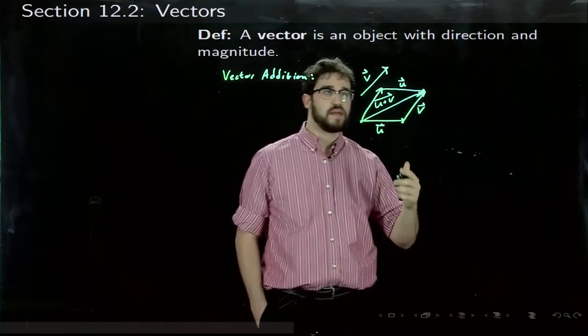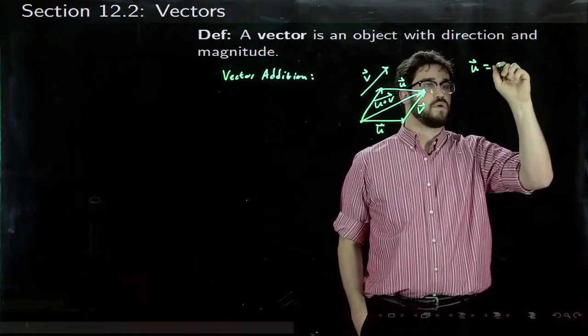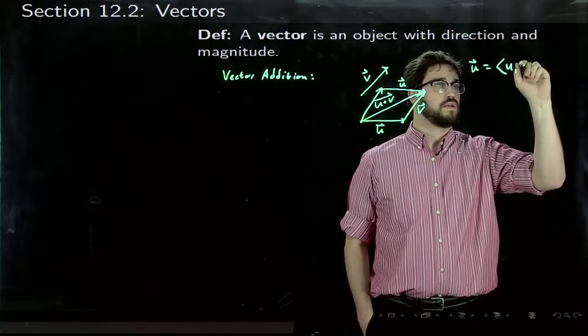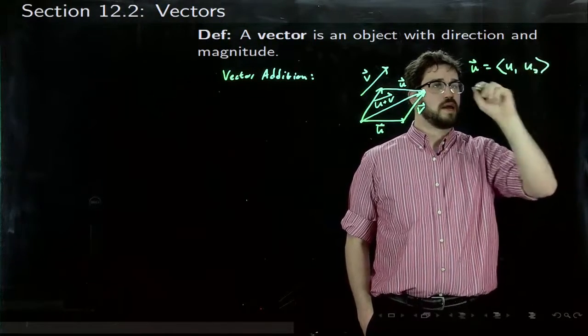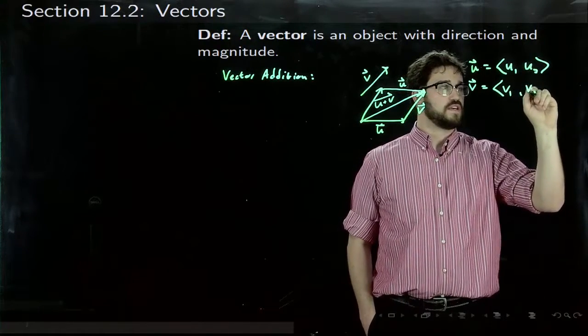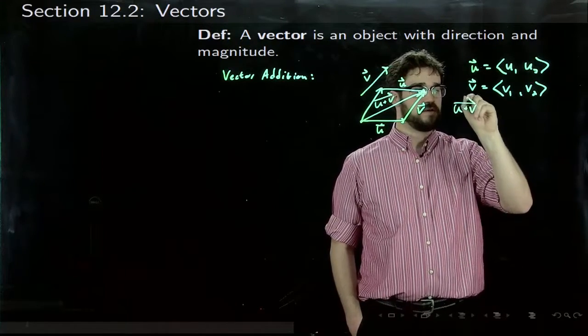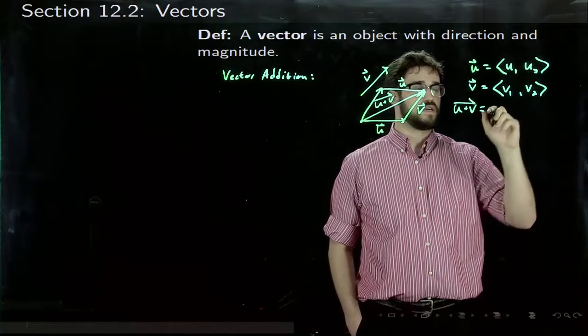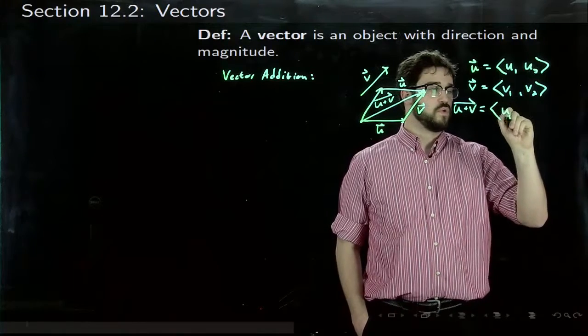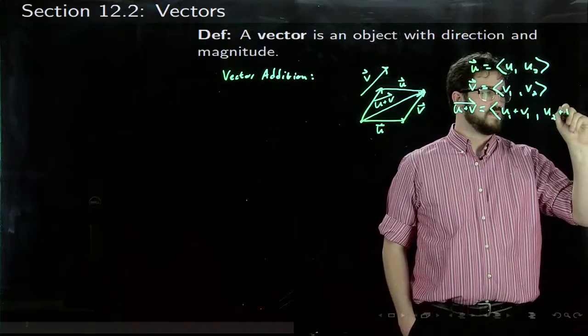So algebraically, what this means is if u is equal to ⟨u1, u2⟩, and v is equal to ⟨v1, v2⟩, then u plus v is going to equal ⟨u1 plus v1, u2 plus v2⟩.